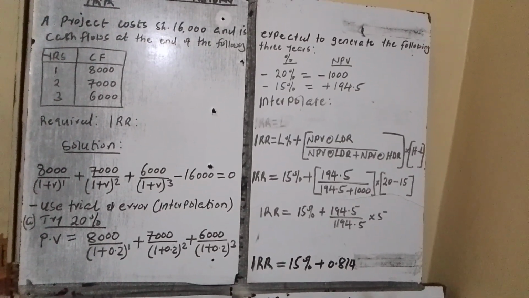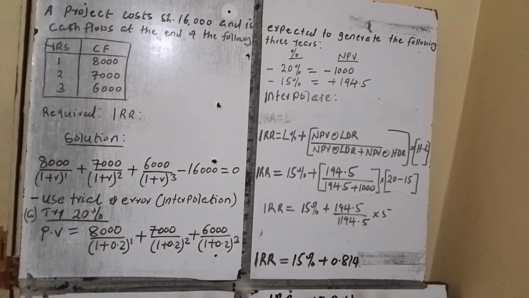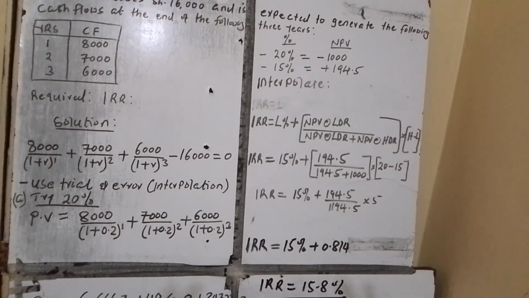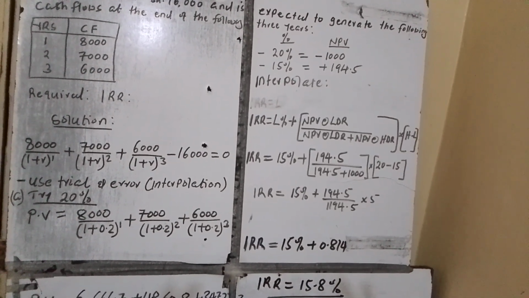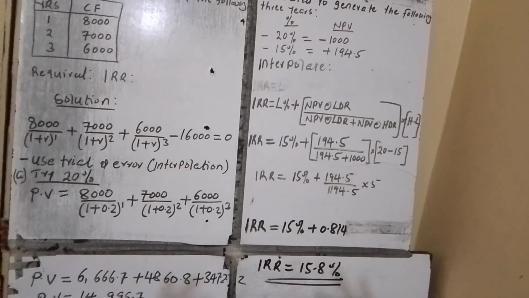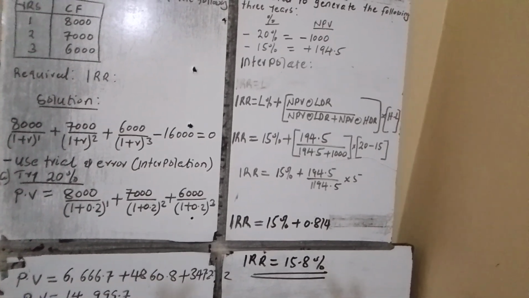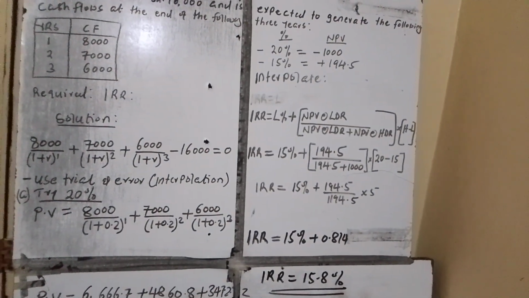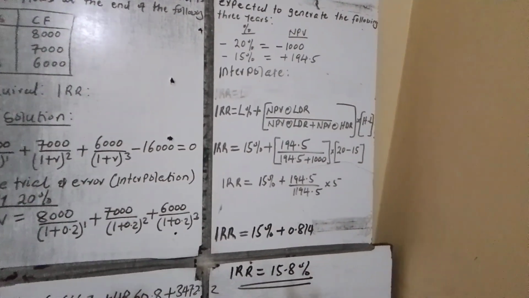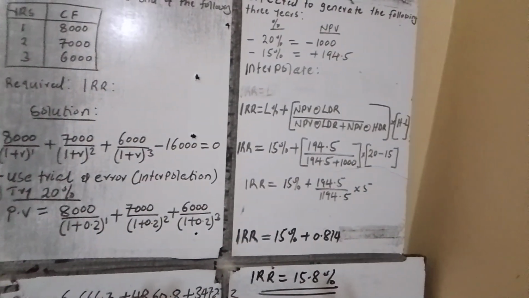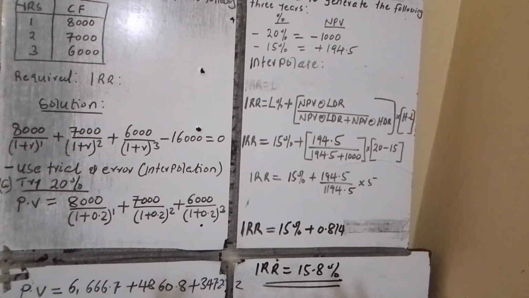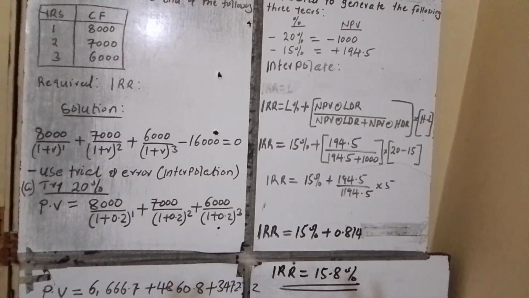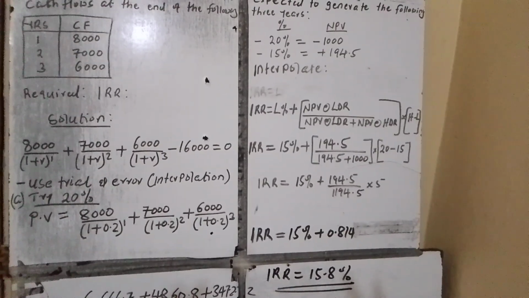Solution: remember, the internal rate of return is that rate which equates the net present value to 0. So we are using interpolation or trial and error. I've picked 20%. You can use any percentage, even 30 or 50 or 90 or 5 or 3. Try any, and then you establish what kind of net present value you get.